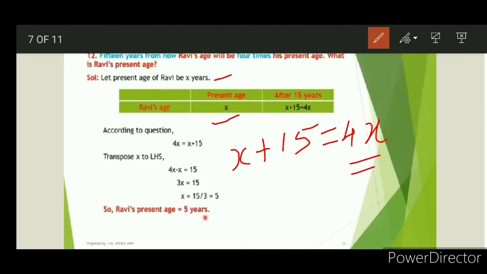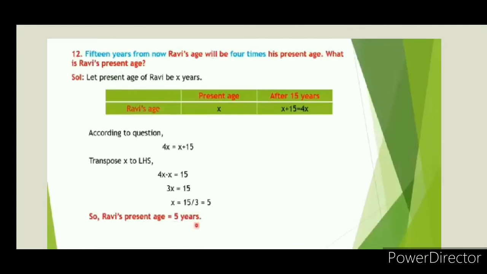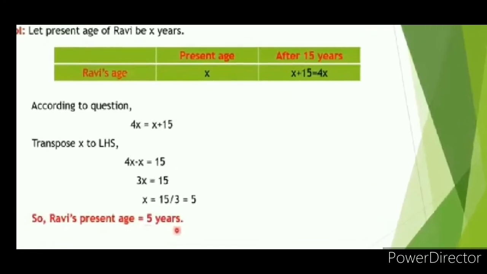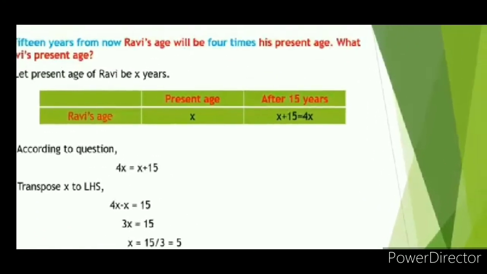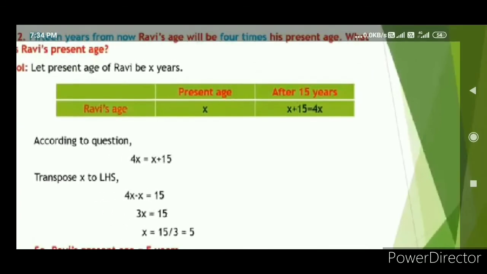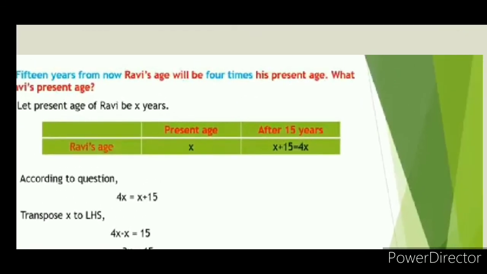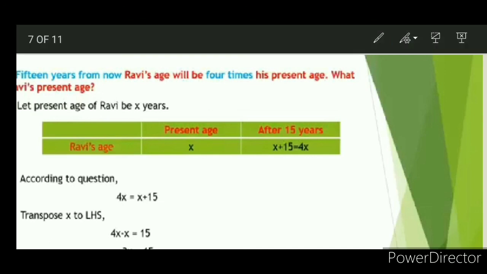This is the linear equation. Understand? So look at the table. They have assumed Ravi's present age as x. After 15 years, his age is x plus 15. That is equal to 4 times his present age. That is given in the question.